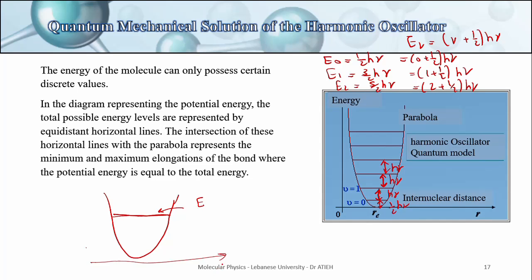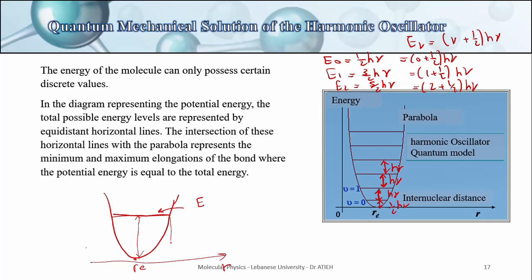You can see that it is drawn as a function of r. r is the length of the bond or the internuclear distance. r_e is the equilibrium distance. So when r is equal to r_e, in this case, there is no stretching or compression of the bond, and all of this energy is totally kinetic.